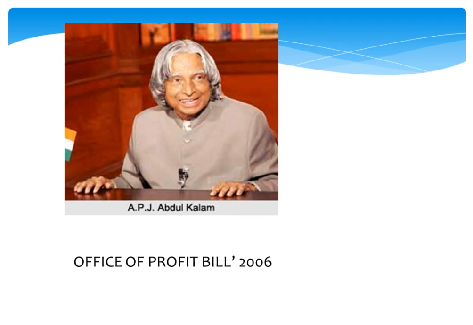before that, let's know one more thing. In 2006, the Congress government passed a bill, the Office of Profit Bill 2006. Dr. Kalam was the president at that time. He used a suspensive veto and sent back the bill to the parliament, without amending the bill.